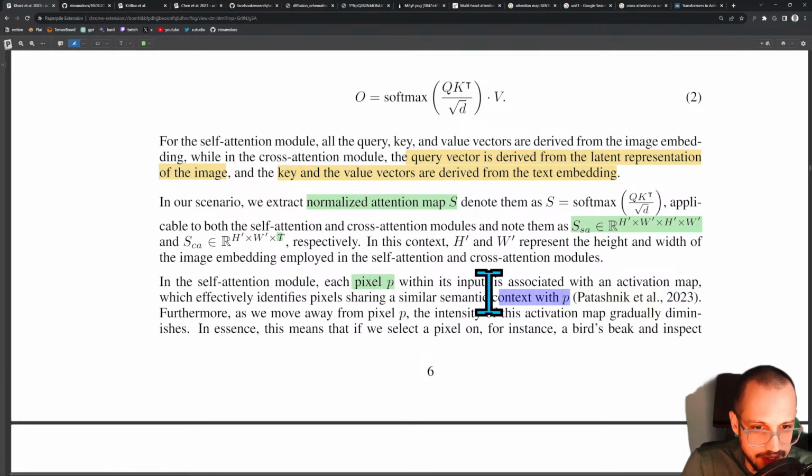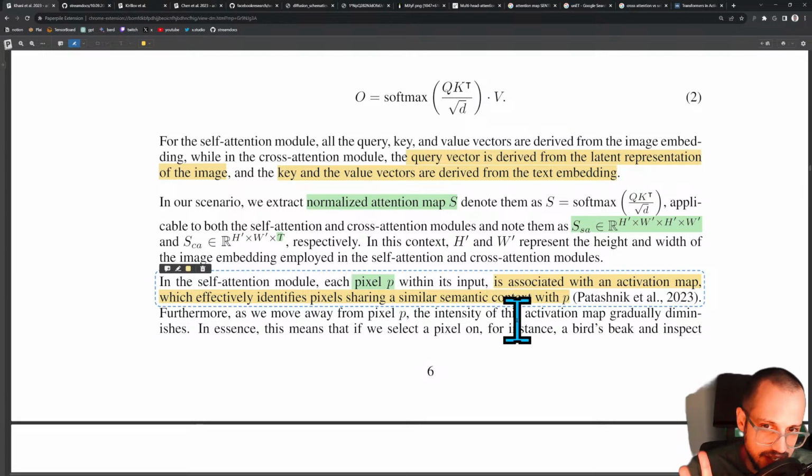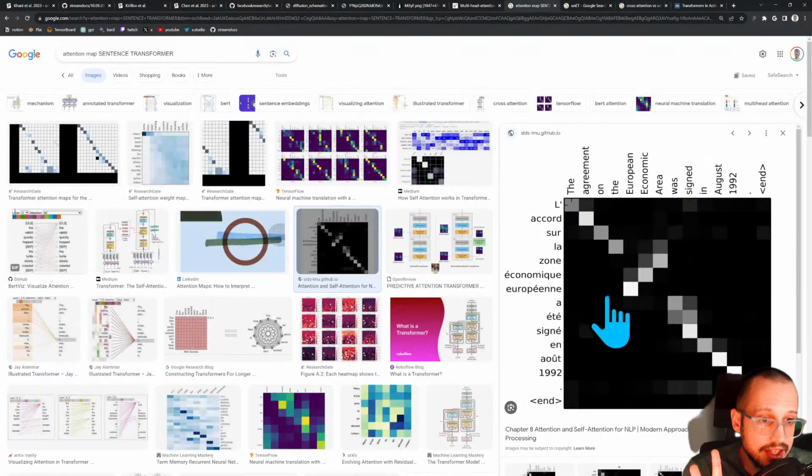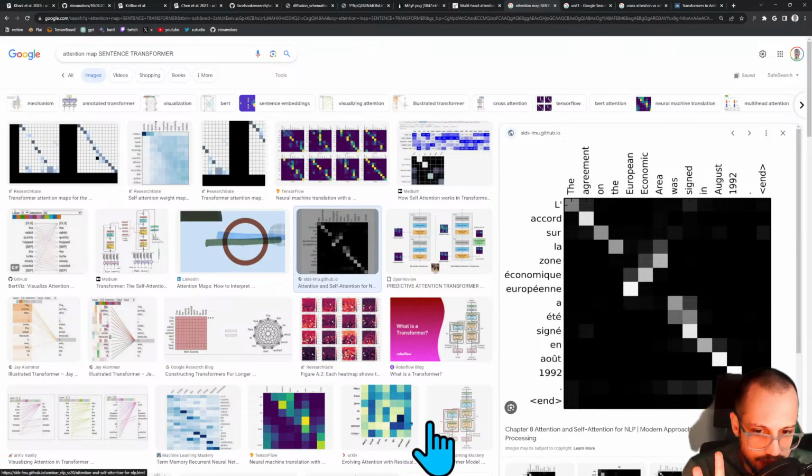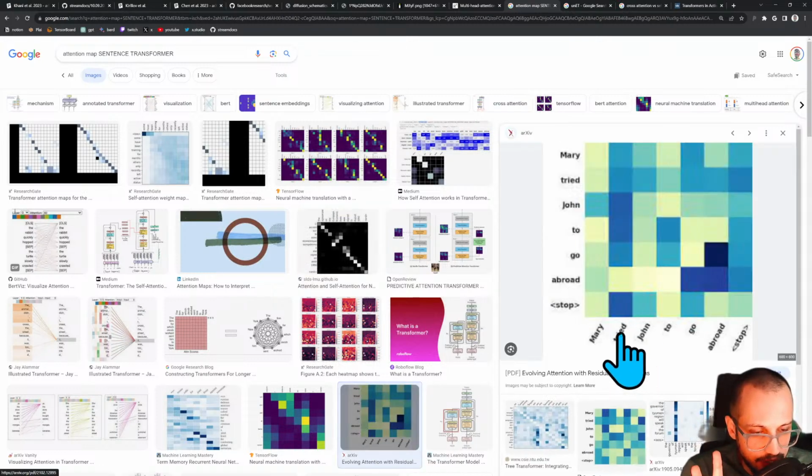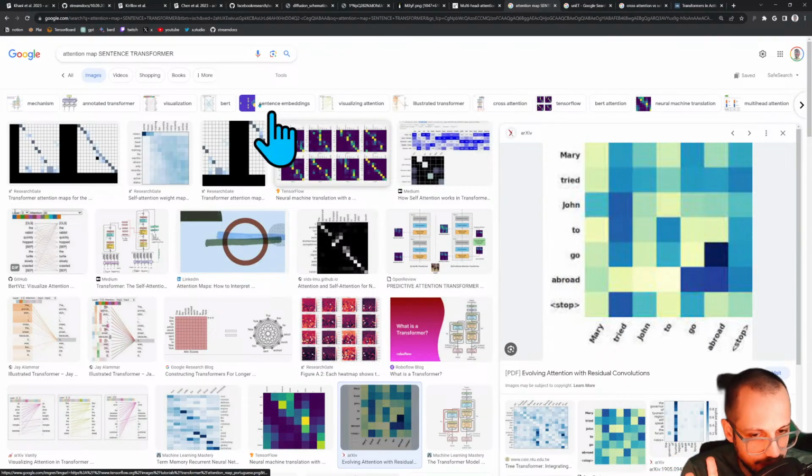So here is an important thing to realize: in your attention map, like this is a cross-attention map, but here's a self-attention map. The words, or in this case the pixels, that are related are all going to have high attention scores with each other, right?